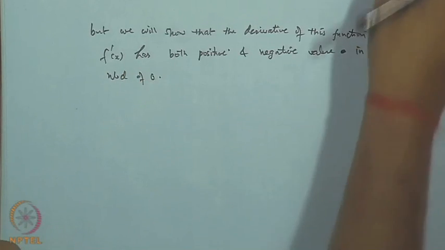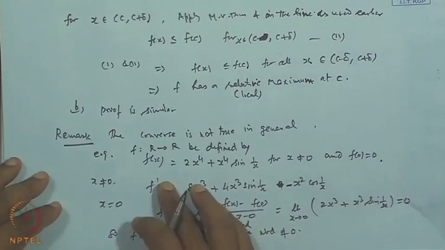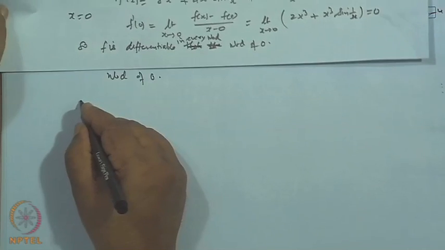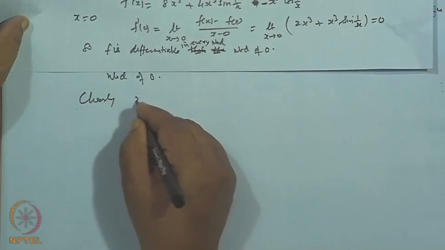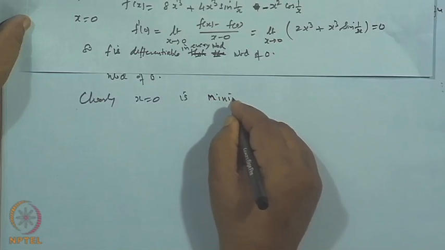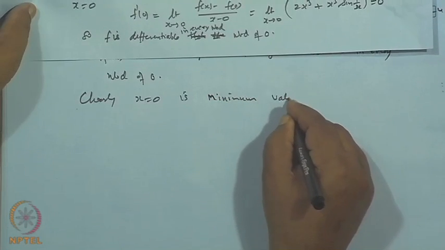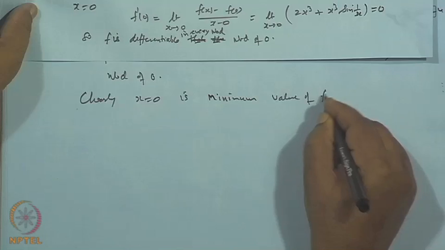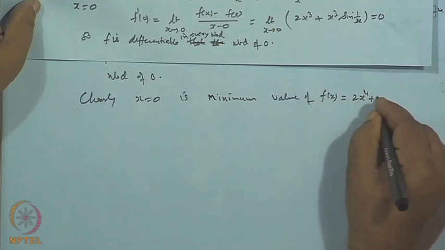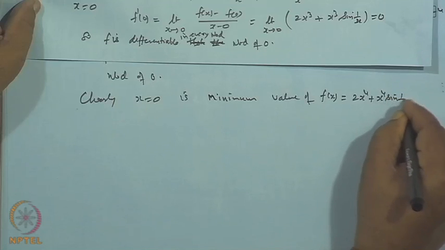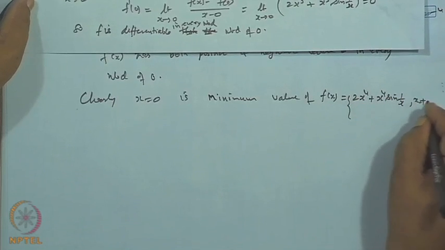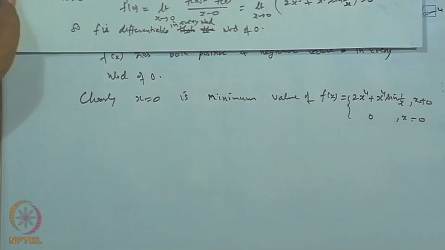One more thing, let me just clear it. The function is defined by this. Clearly x equal to 0 is the minimum value of the function f(x), which is 2x^4 plus x^4 sin(1/x) for x not equal to 0 and 0 for x equal to 0.